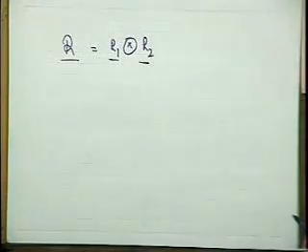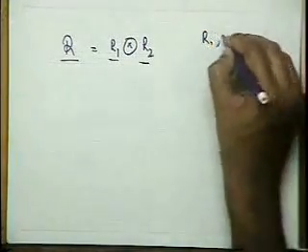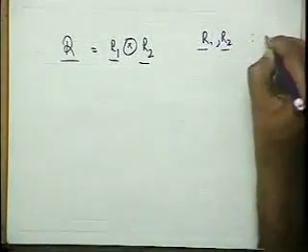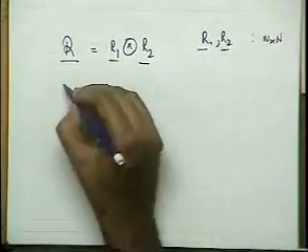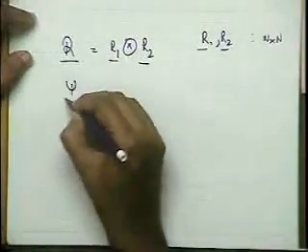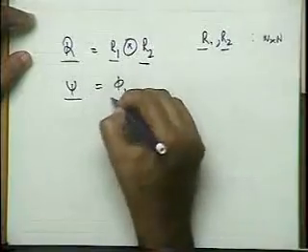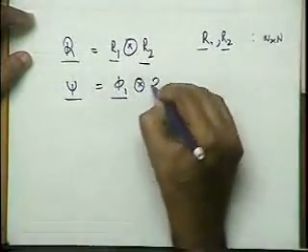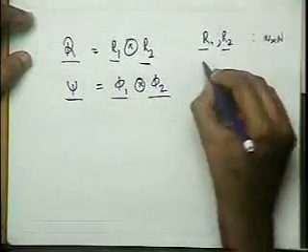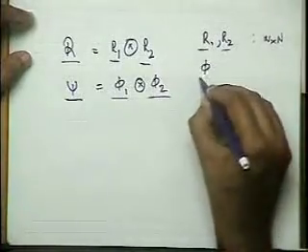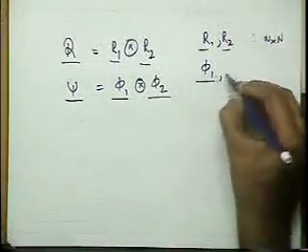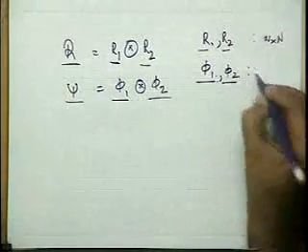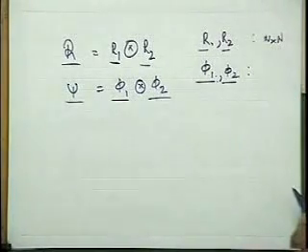Both are going to be of size capital N by capital N. And the matrix psi, I am composing as the Kronecker product of matrices phi 1 and phi 2, and again phi 1 as well as phi 2 are going to be n by n.